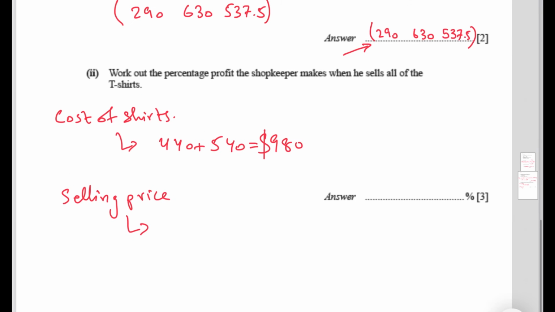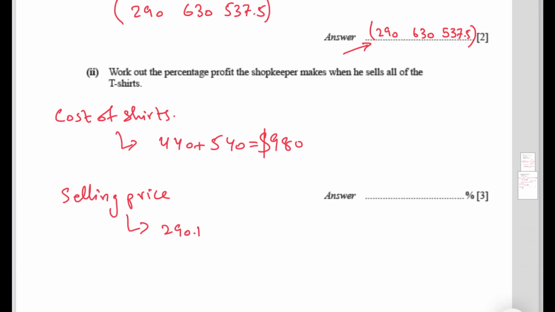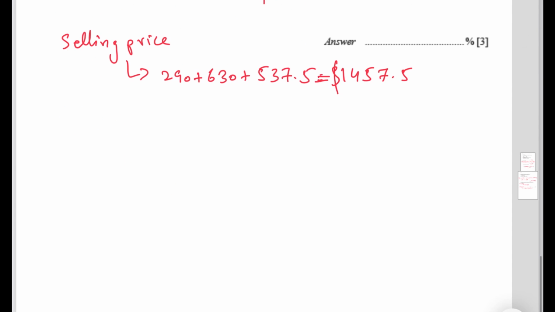So the selling price is you add 290 and 630 and 537.5. Let's see what we get. Okay, 290 plus 630 plus 537.5. This gives us 1457.5.